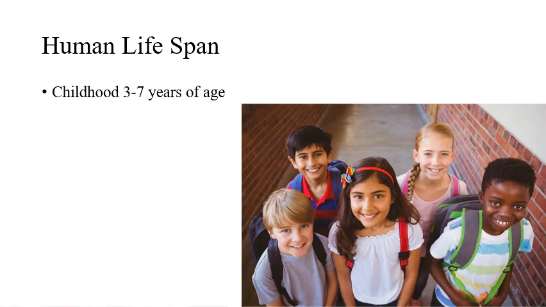So childhood is typically the 3 to 7 year range. During this phase, there's moderate growth. They're still fully dependent on their parents. Permanent teeth will start showing up, and their growth will start slowing at the end of 7 years. The end of 7 years is defined as the end of childhood because prior to that, most children cannot live without their parents, right?